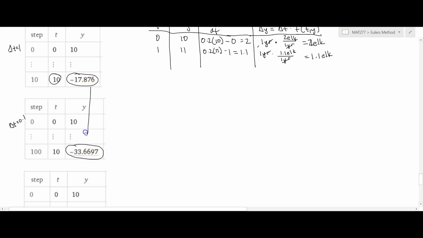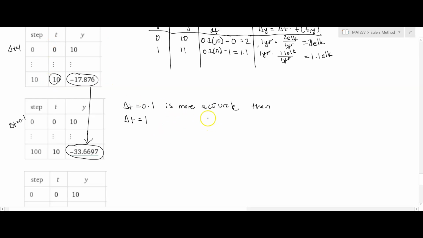So you can see from here to here, that's a big change, right? That's a massive change. Now I know that this one is more accurate, right? So delta t equals 0.1 is more accurate. I don't know how accurate it is, but I know it's more accurate than delta t equals 1, right?